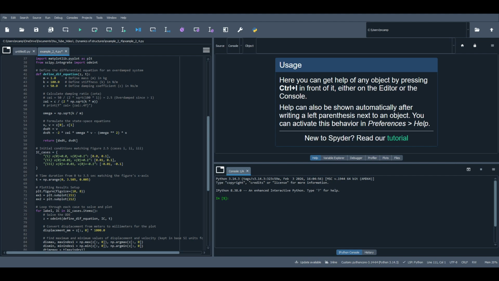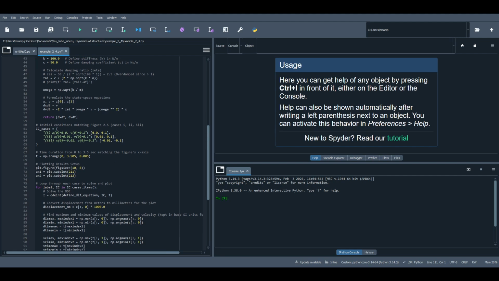After, we define three conditions, case 1, 2, and 3, where we define the initial condition of displacement. In the first case, x0 at time 0 is equal to 0, and the velocity is equal to 0.1 meter per second.